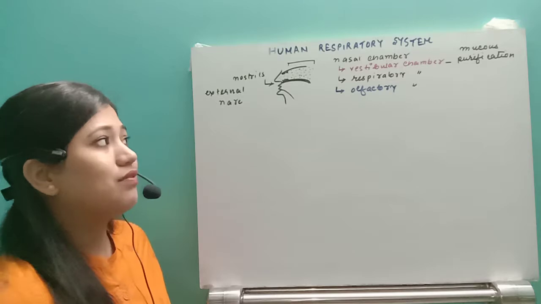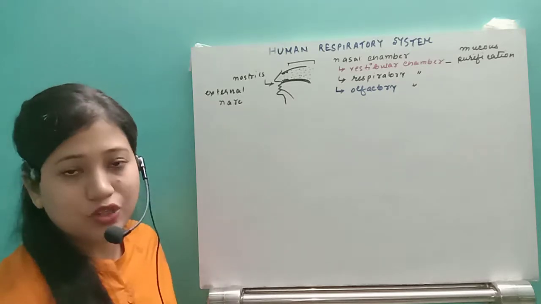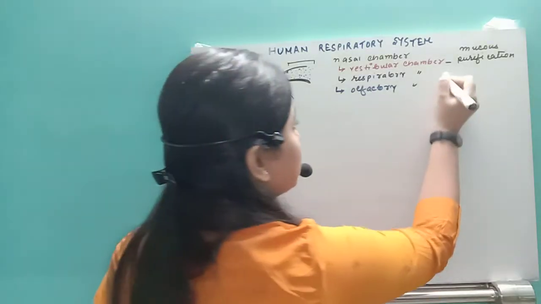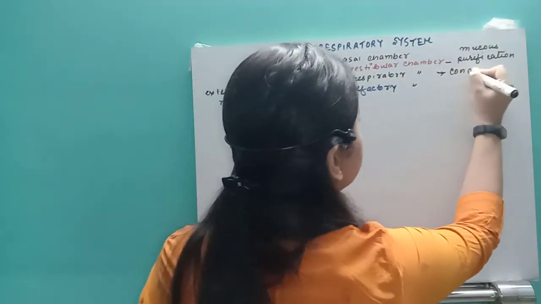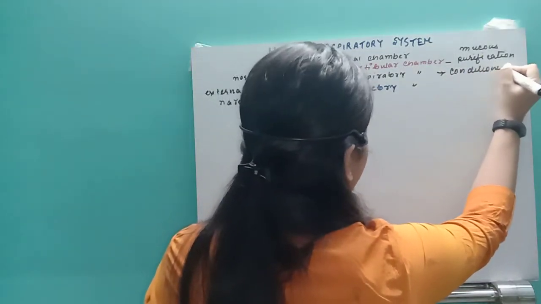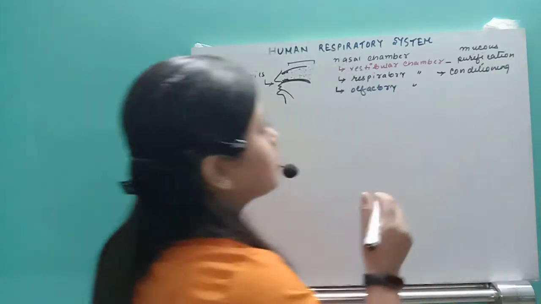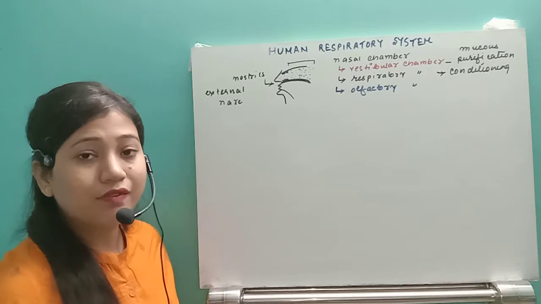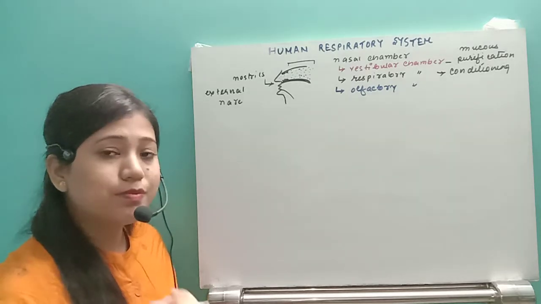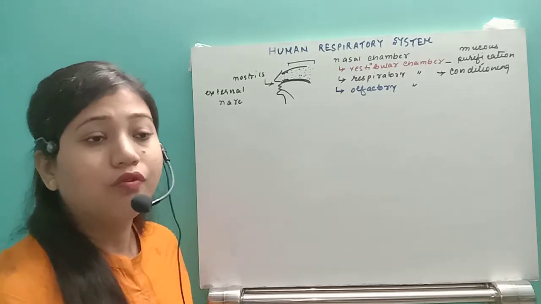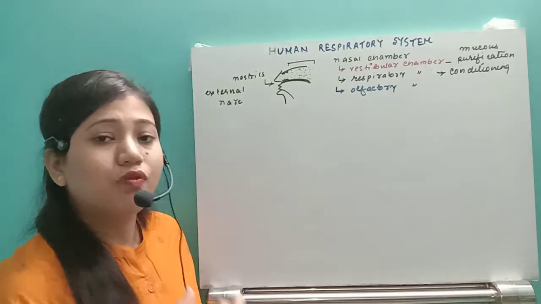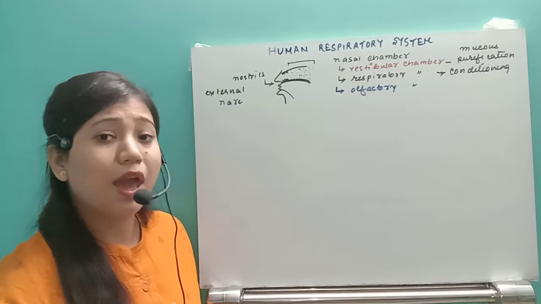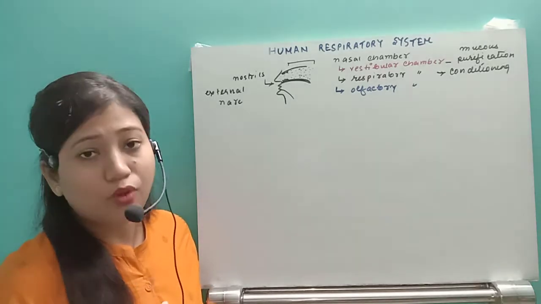Then after that we have the next chamber, the respiratory chamber. What is the function of the respiratory chamber? It helps in conditioning the air. Now what is the conditioning of air? Suppose you have inspired air at a temperature of 5 degrees Celsius, or gas at 45 degrees Celsius. That can enter our lungs and may hamper our constant body temperature.